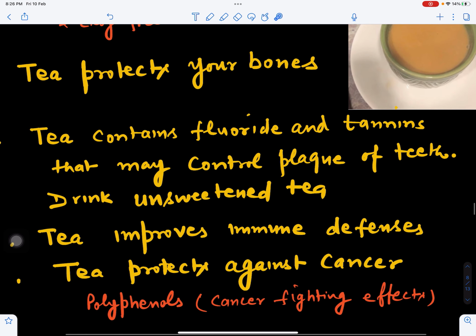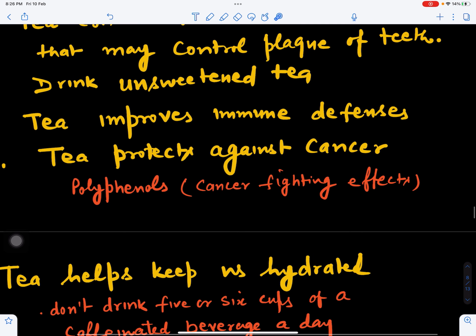It contains fluoride and tannins that may control plaque on teeth, but you have to drink unsweetened tea. If we take calorie-rich tea, that is not useful for us. That is harmful. We can take low calorie tea. Tea improves immune defenses. That is, it protects your immune system. Then tea also has anti-cancerous properties. It has polyphenols which can fight cancer.